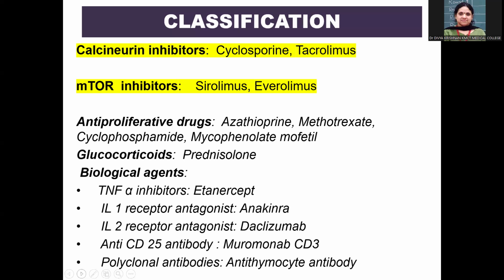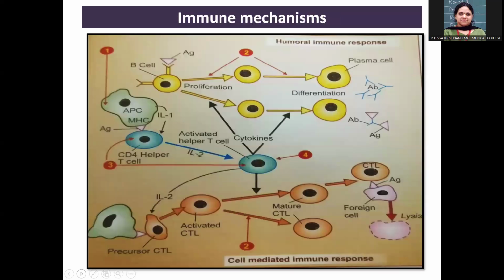But before we go into the important classes for today's session, we can just have a broad look at the basic mechanism of action of all the classes of drugs. So the glucocorticoids, they will inhibit the MHC expression and the production of the interleukin 1, interleukin 2, and interleukin 6, so that the helper T cells are not activated.